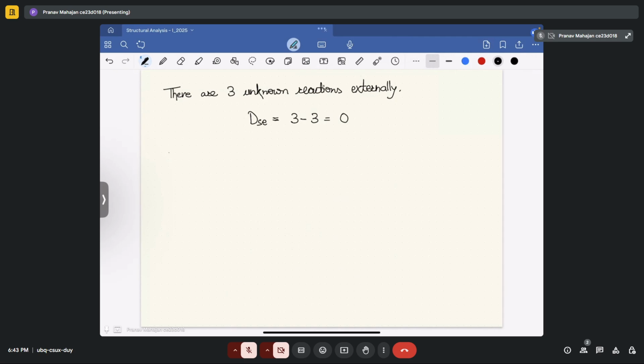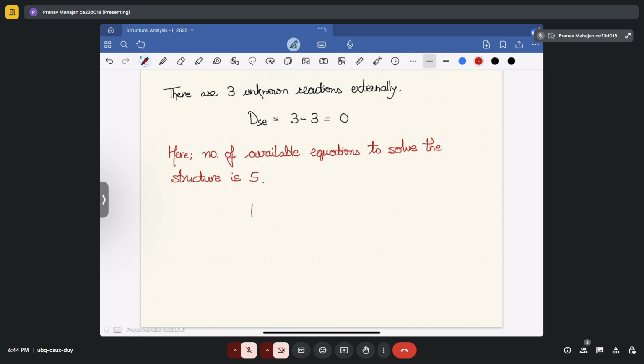Now talking about internal indeterminacy. So here, the number of additional equations, the number of available equations to solve the structure is 5.